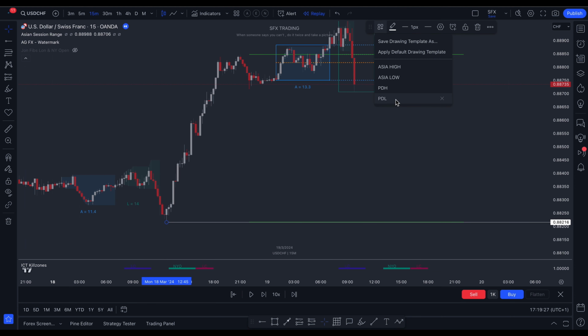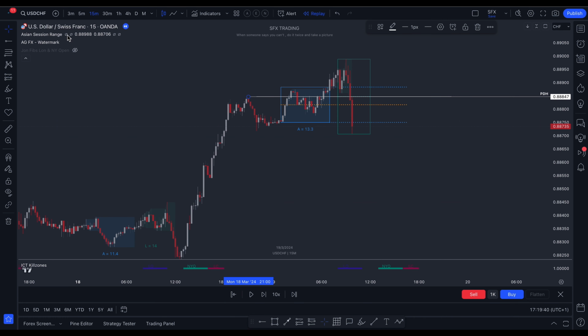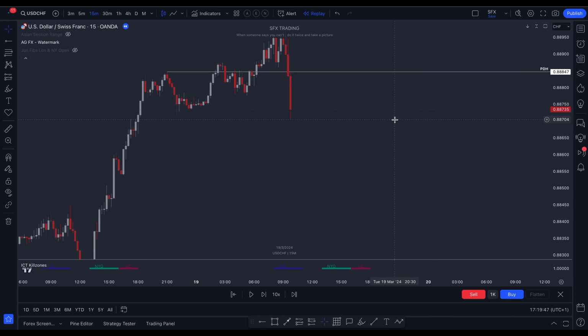So these are all the possible targets. PDL, and then we have PDH, the previous daily high that was raided in the Asian session already and then pushed with manipulation in London. Then we have the Asian low. Okay, let's see what happened.